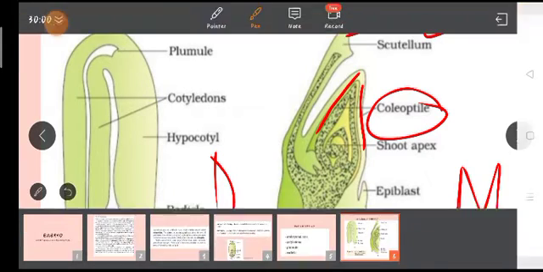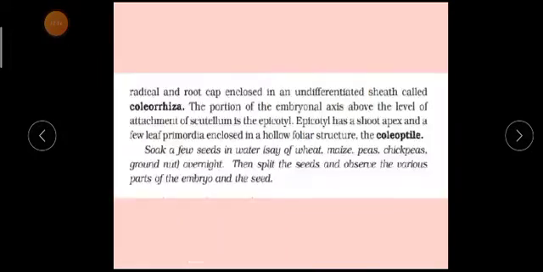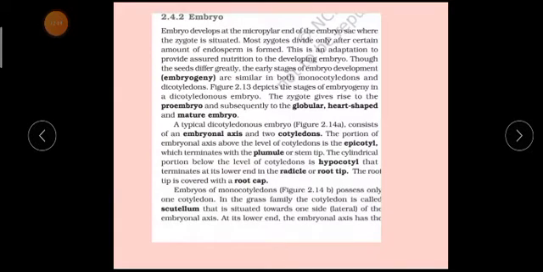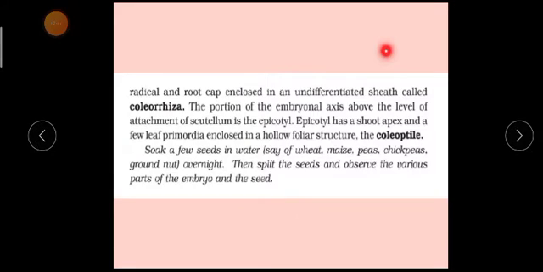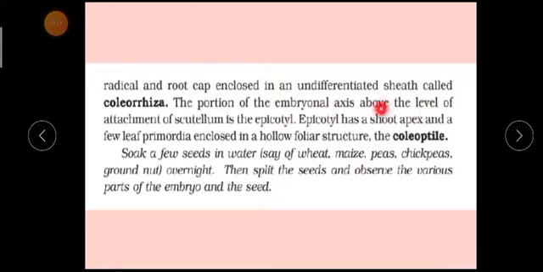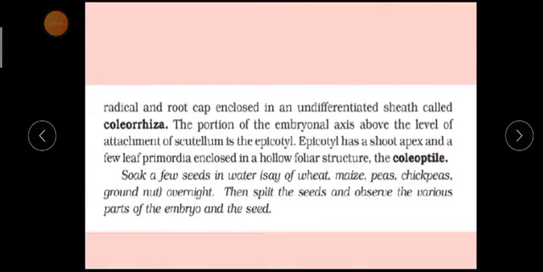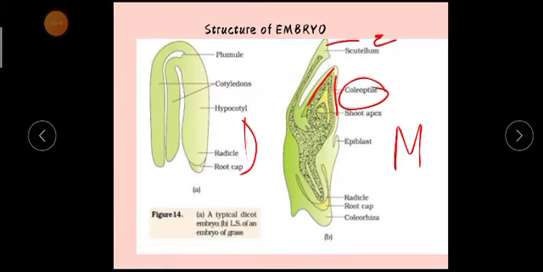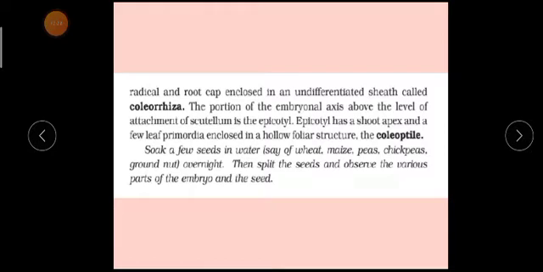Okay, so we are going to read what this textbook tells us about coleoptile. The portion of embryonal axis just above the attachment of the scutellum is called epicotyl. Okay, students, and you see here, the epicotyl has a shoot apex and a few leaf primordia enclosed in a hollow foliar structure called coleoptile.